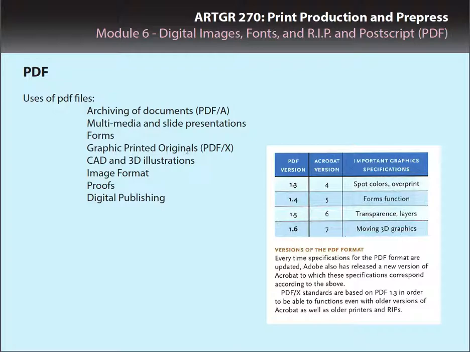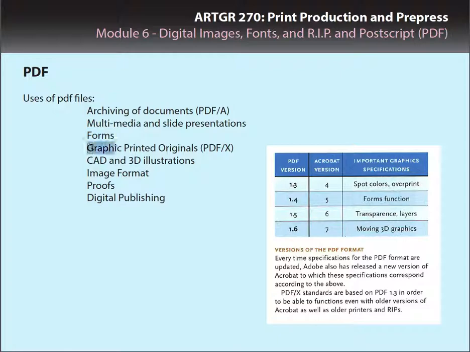And on PDFs here, we have different types of PDFs. There's PDFs for archiving documents, which create very stable file formats. There's multimedia PDFs that can make slide presentations. You can include hyperlinks and video and audio in them. PDFs can be used to make forms, so you can fill out a form.